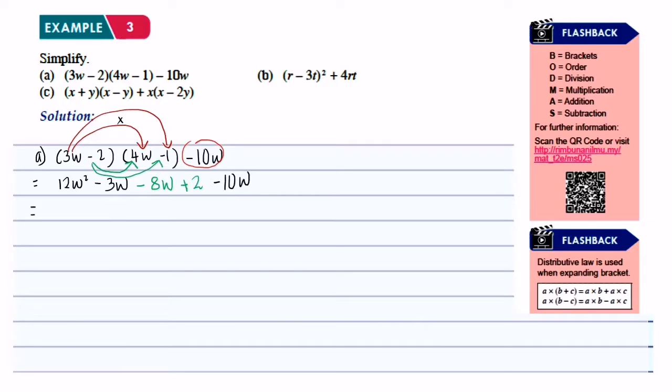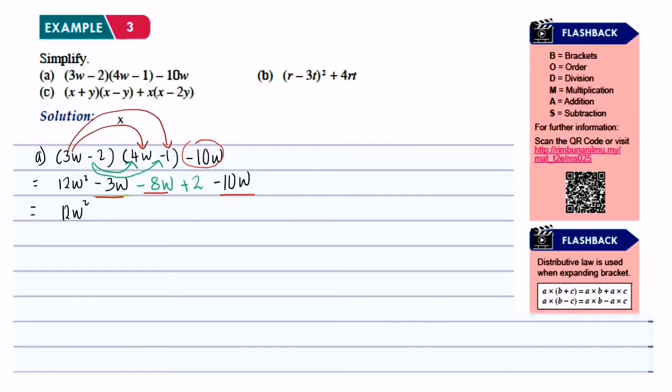Now we can see negative 3w, negative 8w, and negative 10w are like terms. Okay, only like terms can be solved. 12w squared.